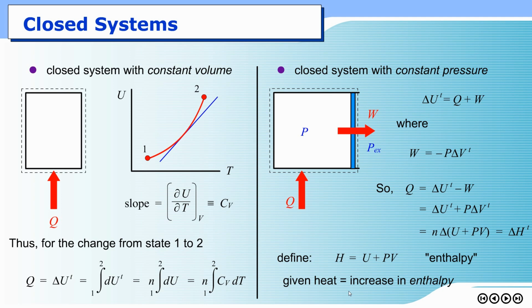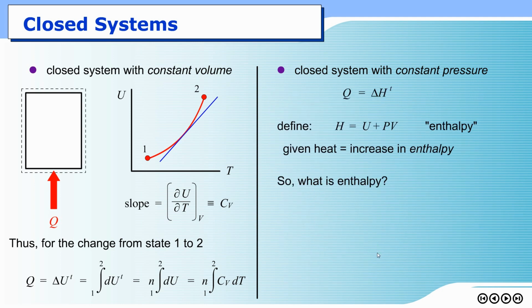Internal energy has physical meaning, but enthalpy does not have physical meaning. It's basically U plus PV. But with this sentence you need to understand that you give heat and add this heat on top of the existing enthalpy of the system. So enthalpy would be increased by the given heat.